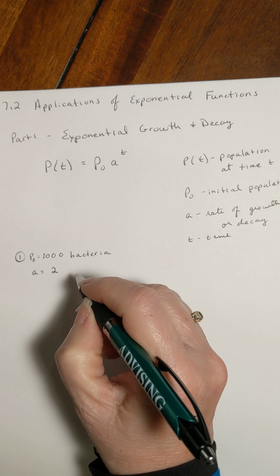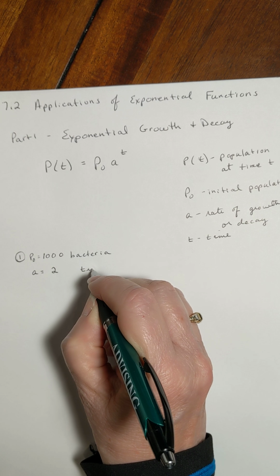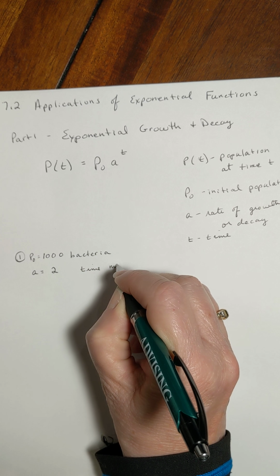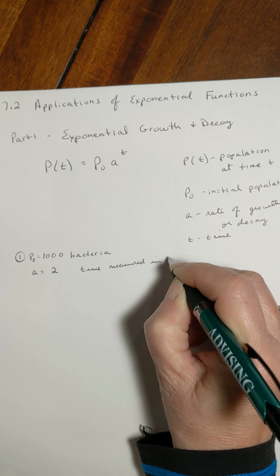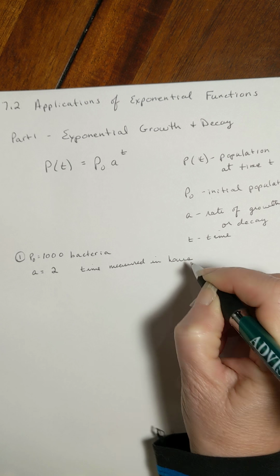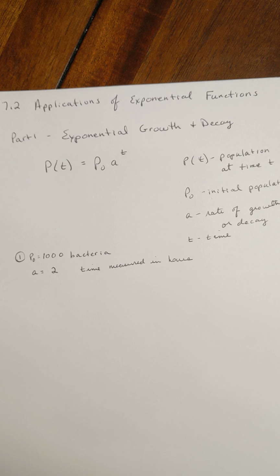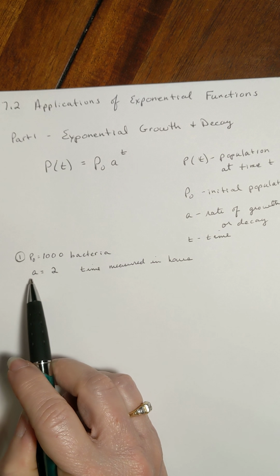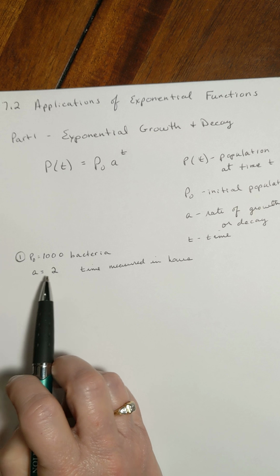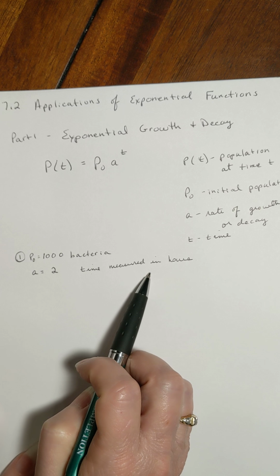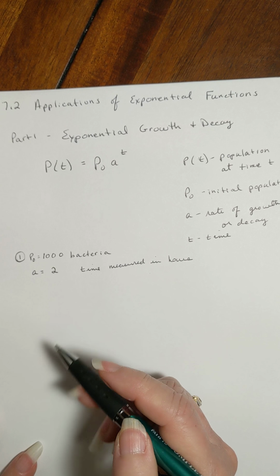And notice here that time is going to be measured in hours. If it said that it doubles every 10 minutes or every minute, then time would be in minutes. Okay, but in this case, it doubles in every hour. So my A is 2 and time has to be measured in hours.